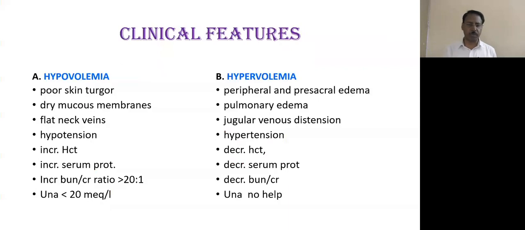Signs of hypovolemia include poor skin turgor. Again, remember you are dealing with adult patients, unlike children where these things are very important. In adults, you have to put more than just the skin turgor to assess the volume status. You have to look at everything from skin turgor to mucous membranes.